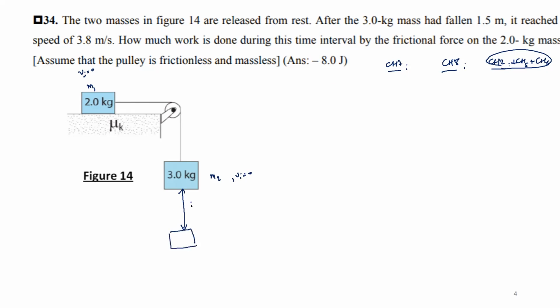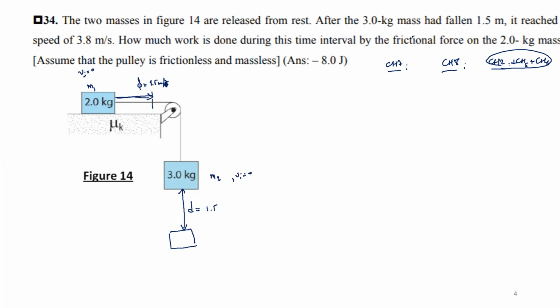And this I will call D, 1.5 meters, of course, the distance. If this one falls down by 1.5, that means this one moves to the right by the same distance, right? So the same distance here will be 1.5 meters.